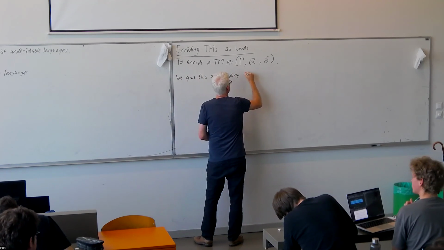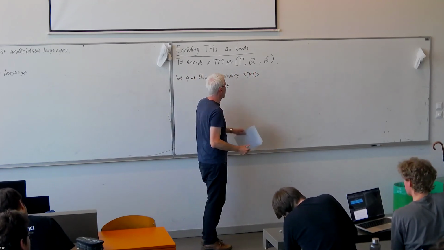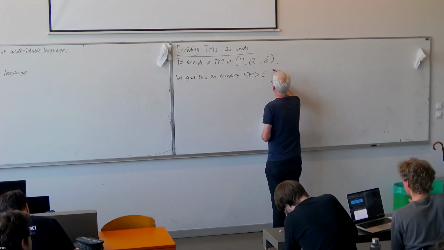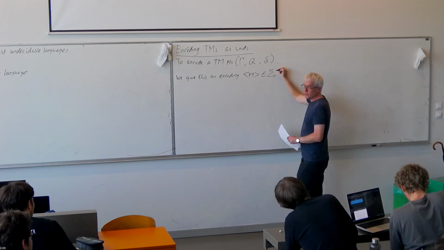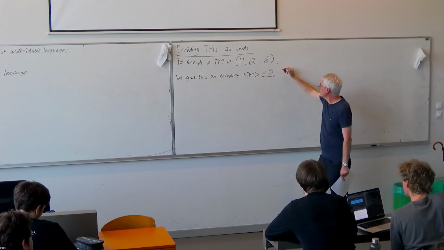I'm going to use angle brackets for the encoding. So angle brackets around N means the encoding, and it's going to be encoded as a word over a particular alphabet, sigma u, where u stands for the universal alphabet.